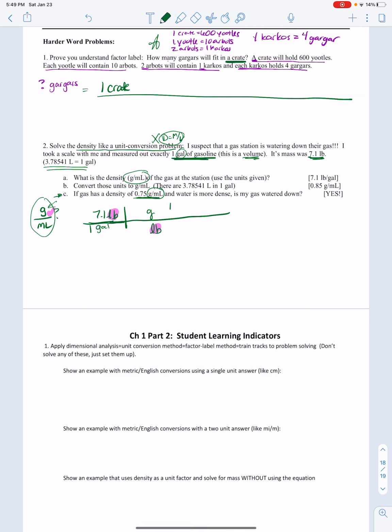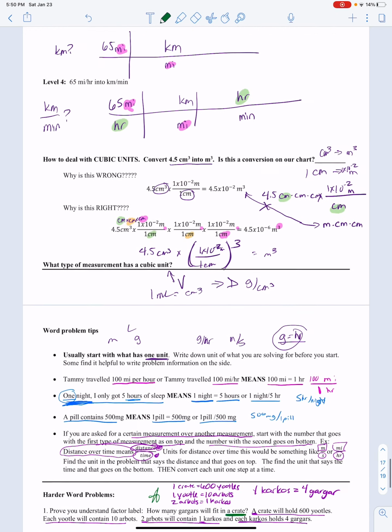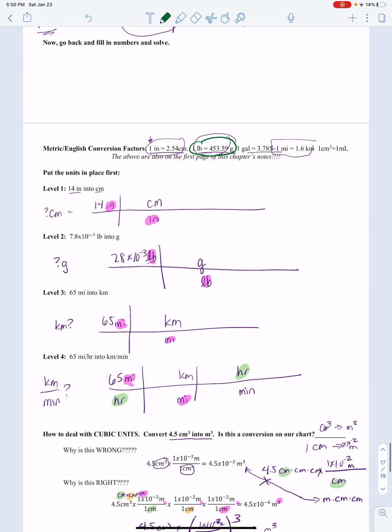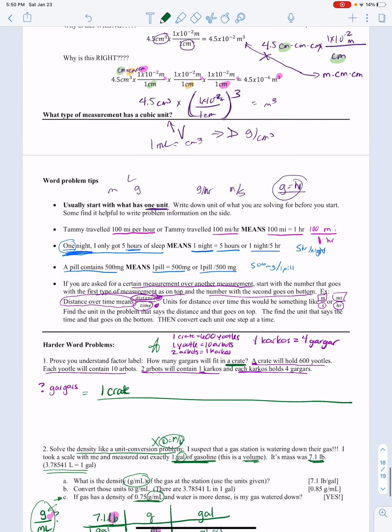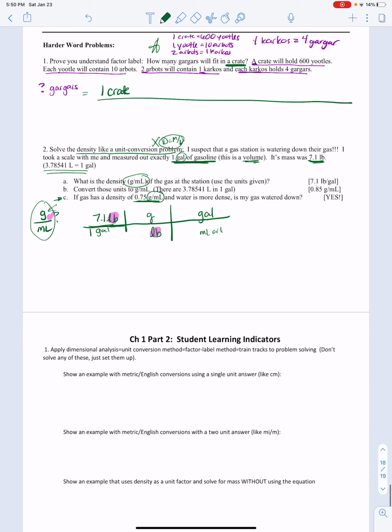Now I've got to get my bottom part figured out. Again, pretend that this isn't there. Imagine it's not there. So I'm going to go from gallons on top to either milliliters or liters. So I might go up and look again. Does a gallon go to a milliliter or a liter? Let's see. Oh, here we go. It's a liter. So I'm going to get it up to a liter.